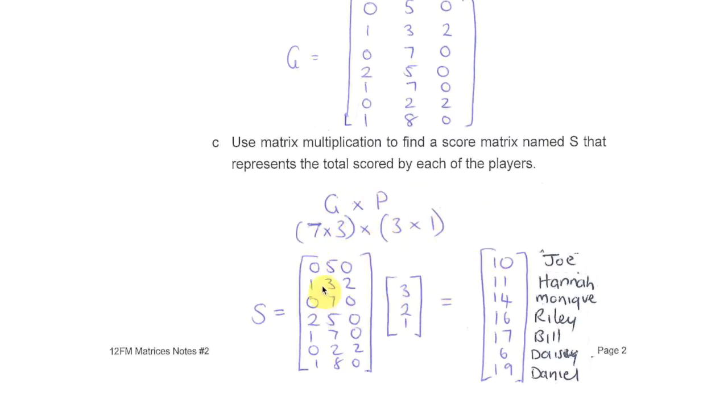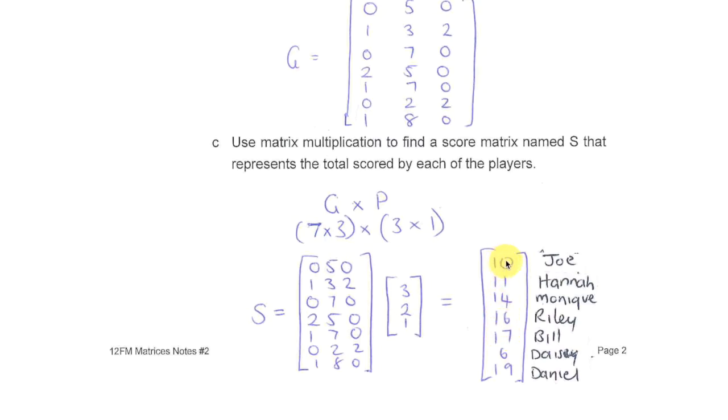So when we do that, you can see we've got matrix G here, again the 7 players and the number of each type of shot that they've made, and then we multiply it by the P matrix, which tells us how many points each type of shot is worth. If we do that matrix multiplication, of course we'd do that on our CAS, we wouldn't be expected to do that by hand, we'd get this matrix here. And so you can see the total number of points that each player has made in that game.